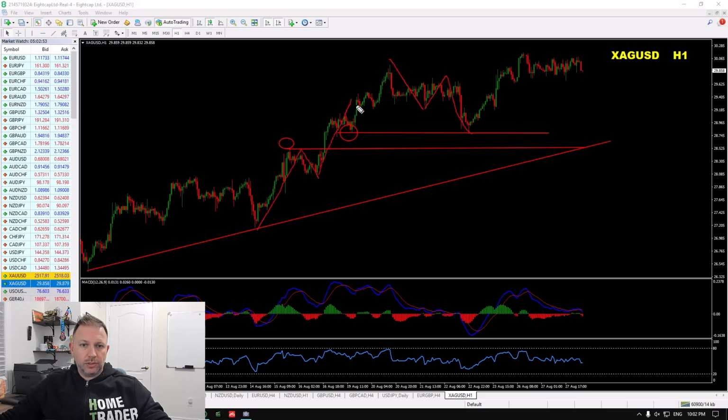We got the trending structure. We got the ABCD correction. Yes, there is no ideal divergence here, but daily is bullish, weekly is bullish, 4-hour chart is bullish, hidden divergence, 1-hour chart maintains the trending structure. You got all the verification you want to assume the trend is going to continue higher.